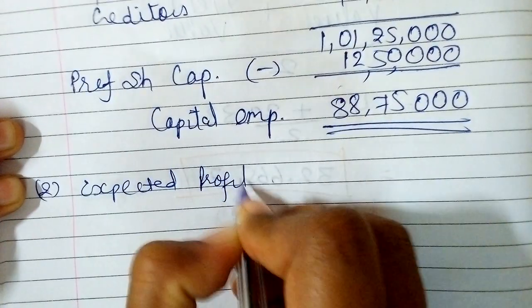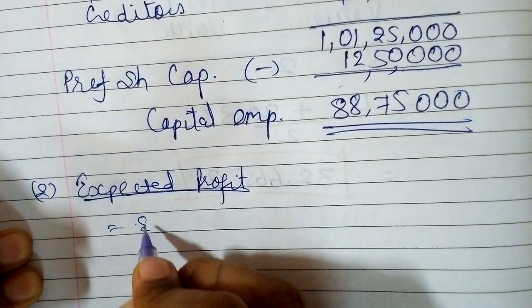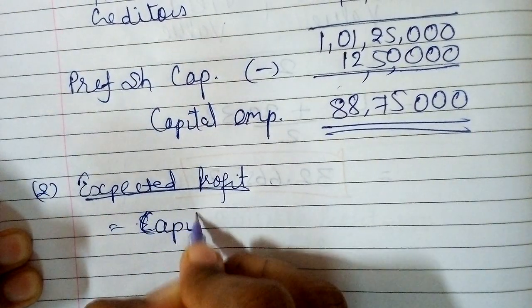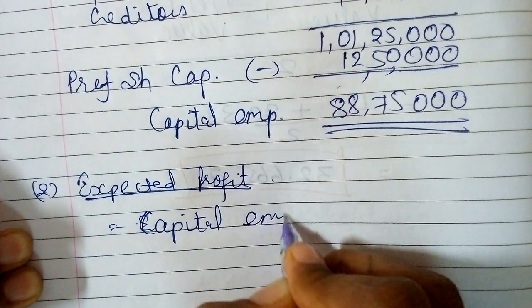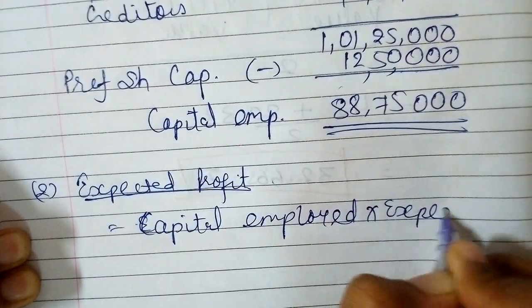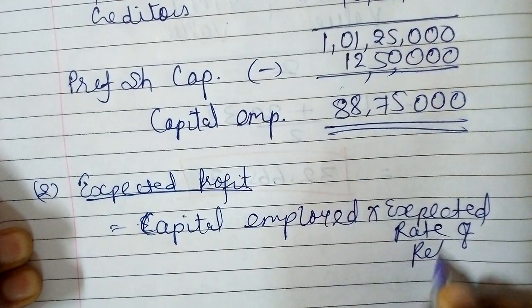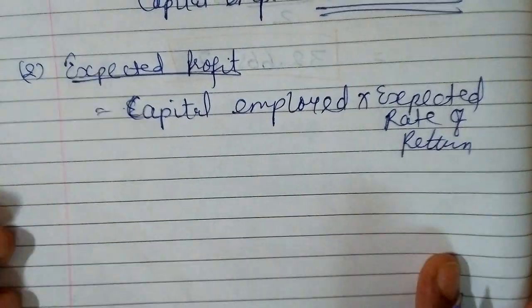Second step, expected profit. So the formula is capital employed into expected rate of return, right?